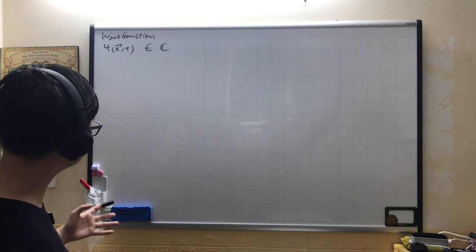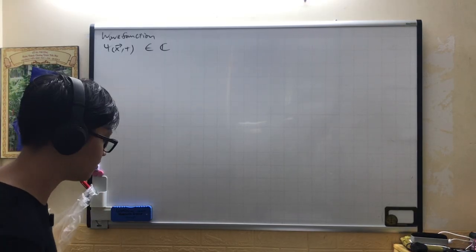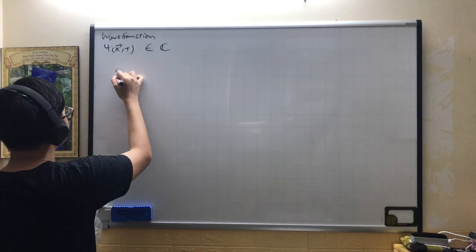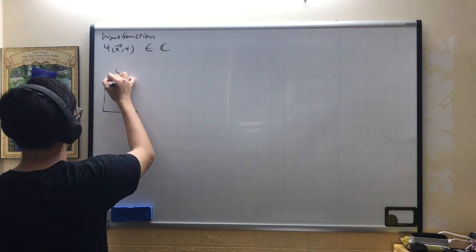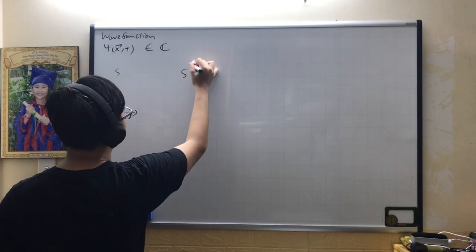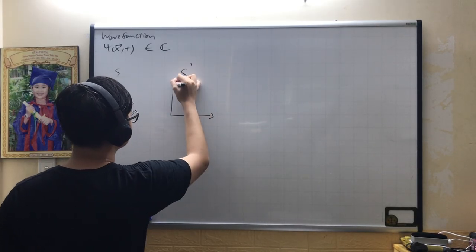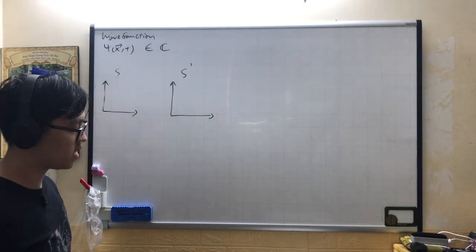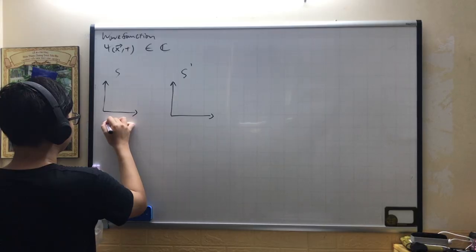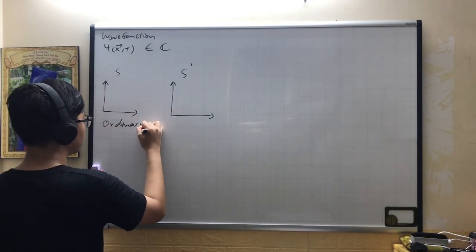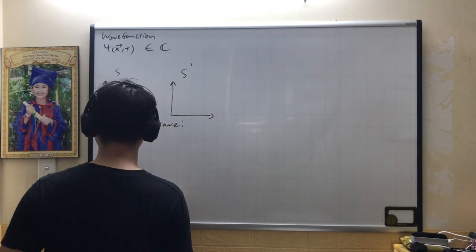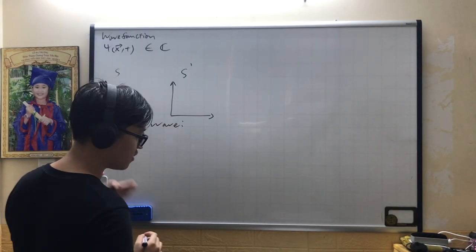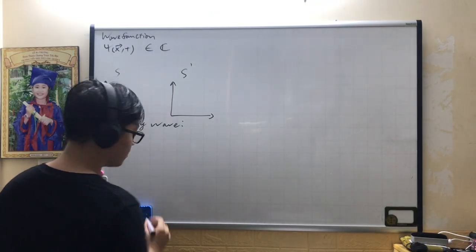So first, let's consider the Galilean transform. You might already know what it is. You consider two different frames, S and S prime. So two completely different frames. And with an ordinary wave, your phi here is a phase of the ordinary wave.